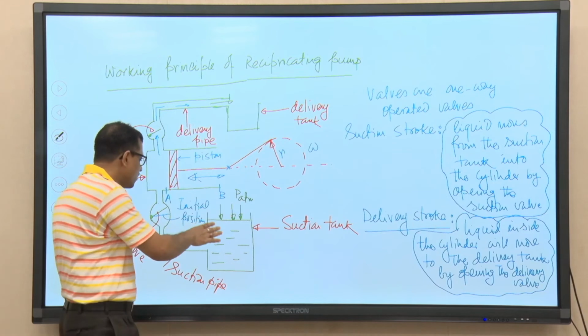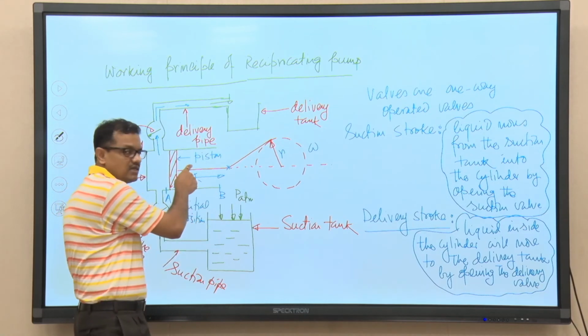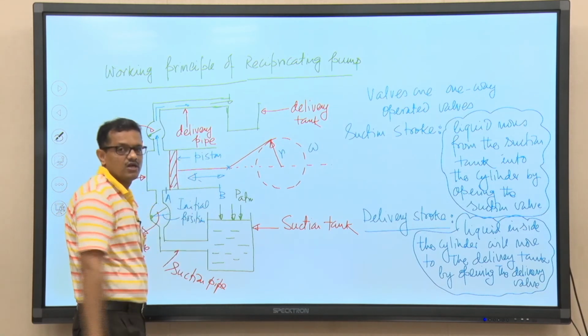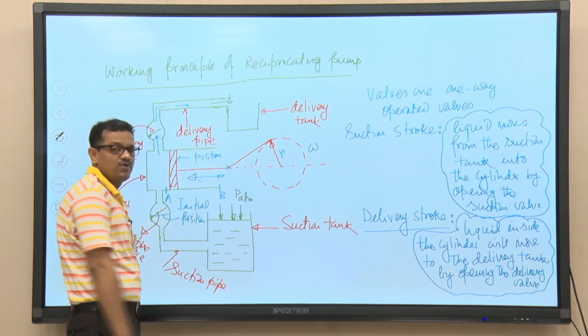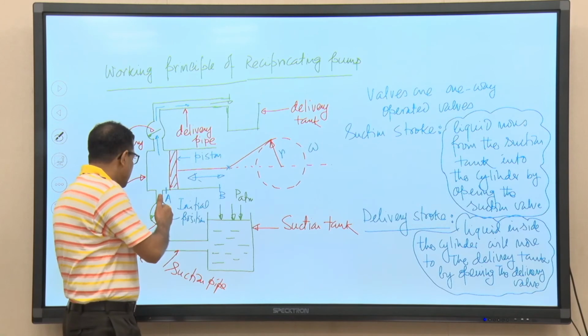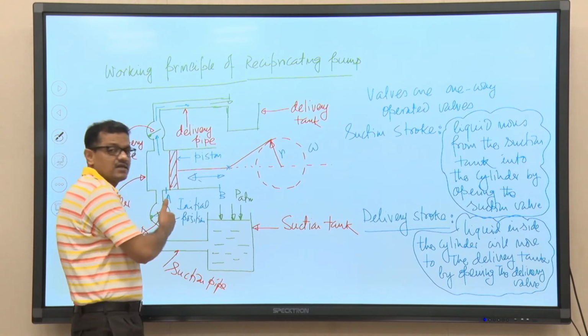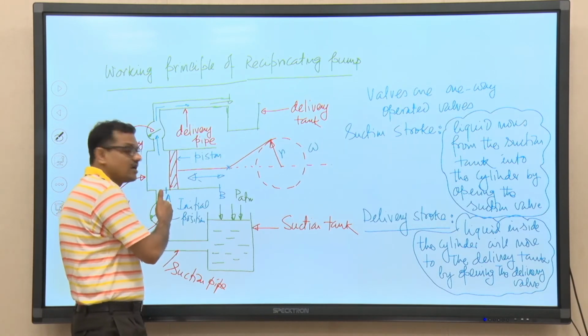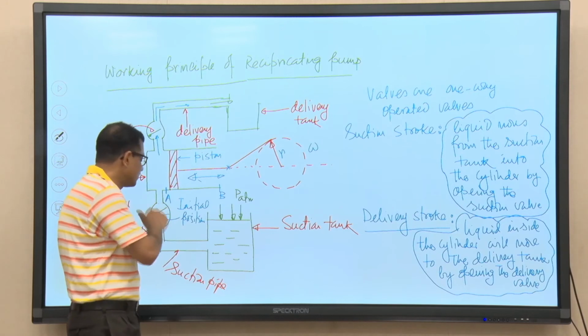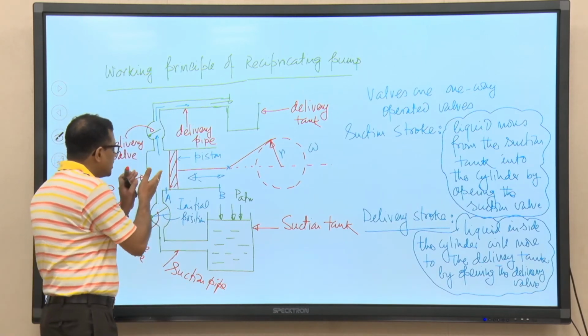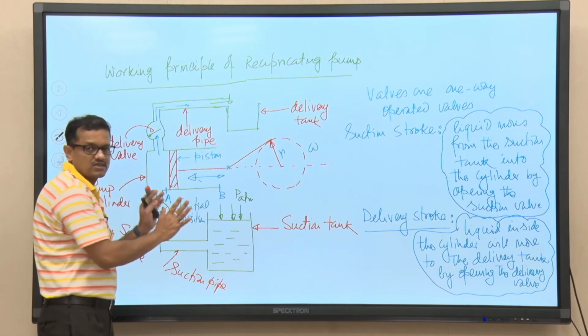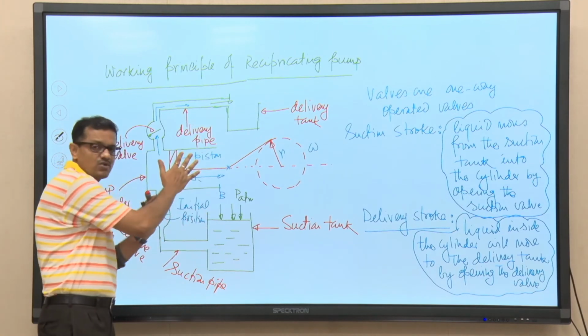So, liquid flow from the suction tank into the cylinder will stop, and the driving force across the valve will be almost nil. Due to inertia, as the valve has a tendency to remain closed, the valve will close, and the liquid will not be allowed to go back to the suction tank. The next stroke is the delivery stroke.